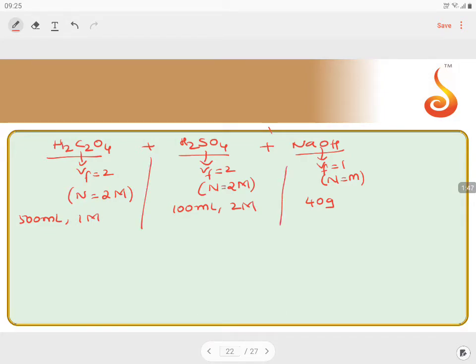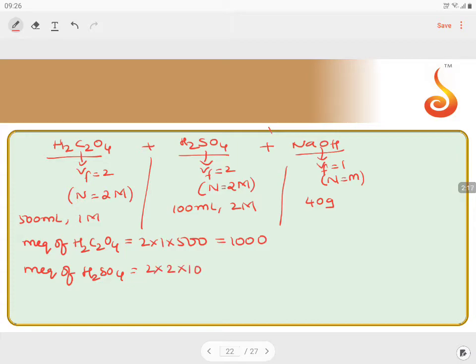Having this data, first the milli equivalents of H2C2O4 will be equal to 2 into 1 into 500, that is equal to 1000. Milli equivalents of H2SO4 is equal to 2 into 2 into 100, that is equal to 400.